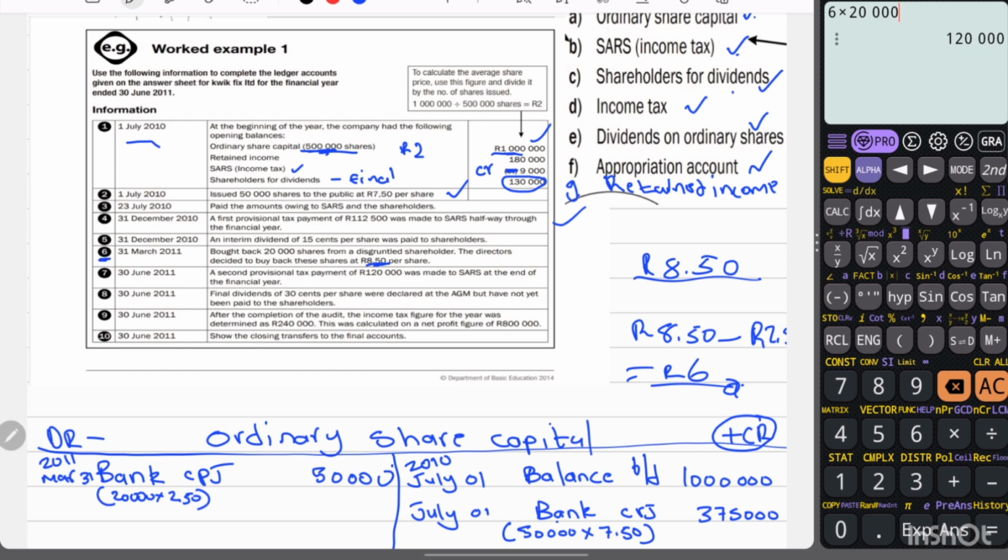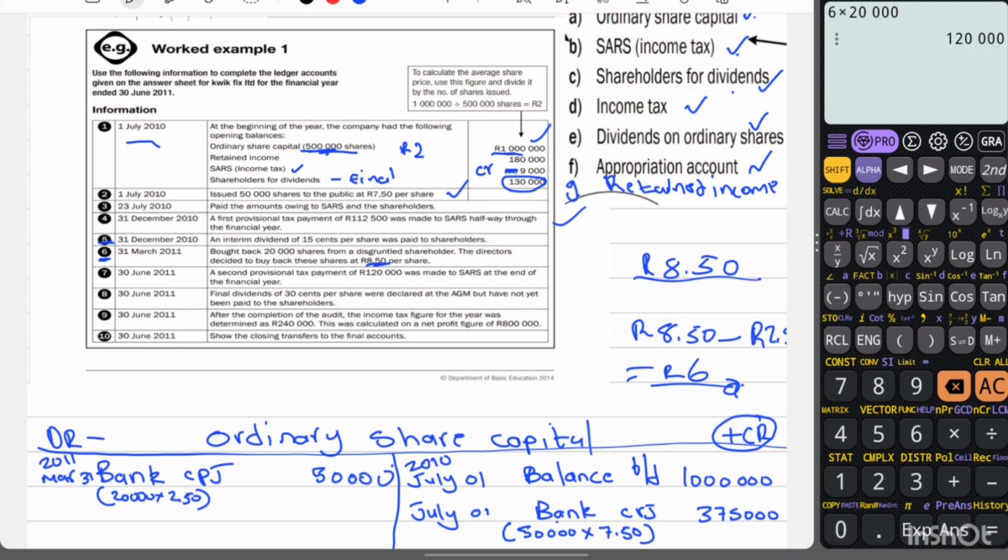I jumped information number 5. Let's go back to information number 5. On 31 December 2010, an interim dividend of 15 cents per share was paid to shareholders.